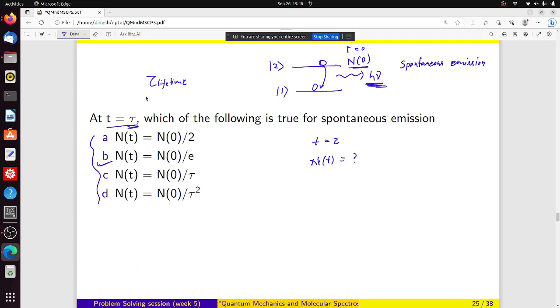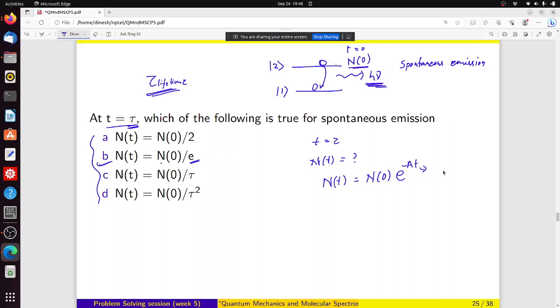At this natural time, the amount of particles in excited states reduces by a factor of e, because this n(t) we can write as n of 0 e to the power minus at.